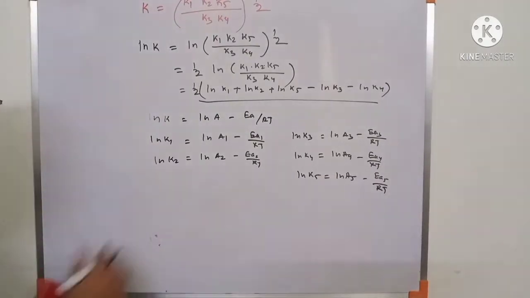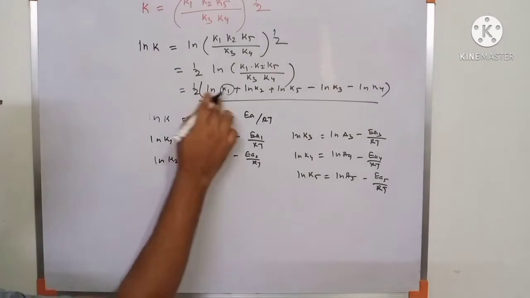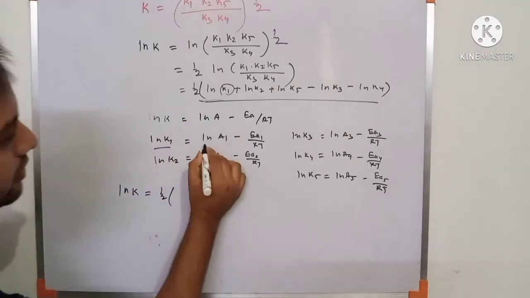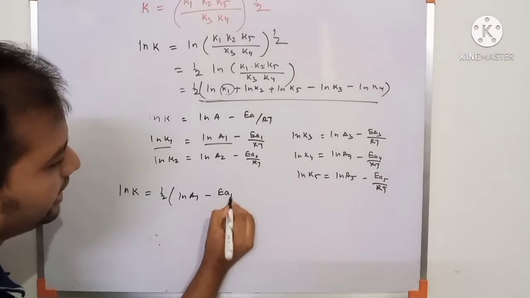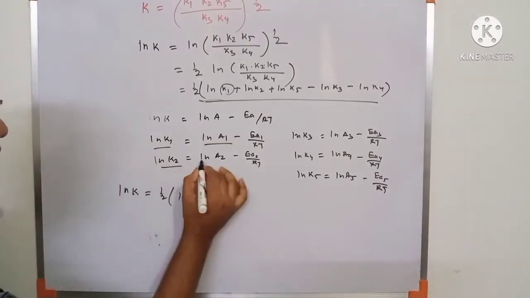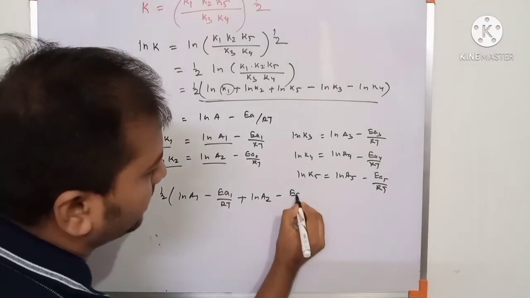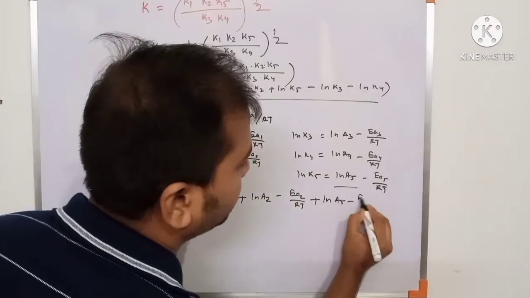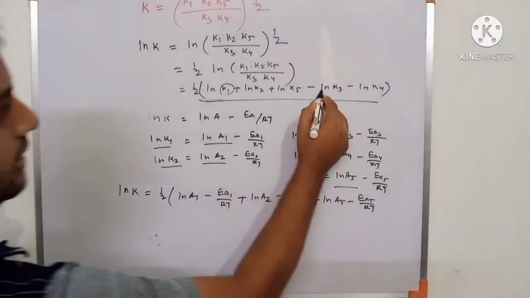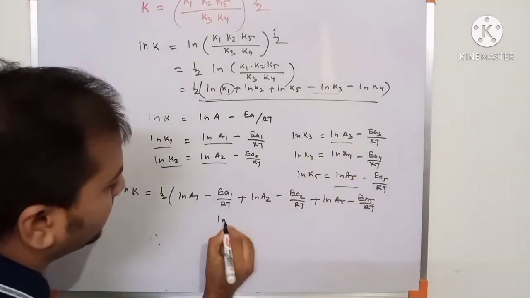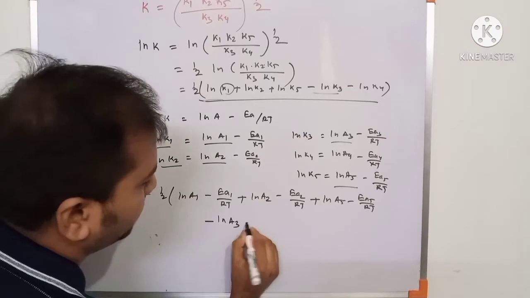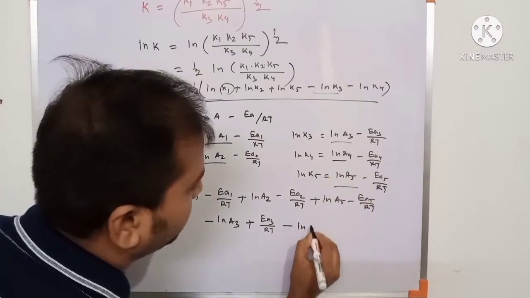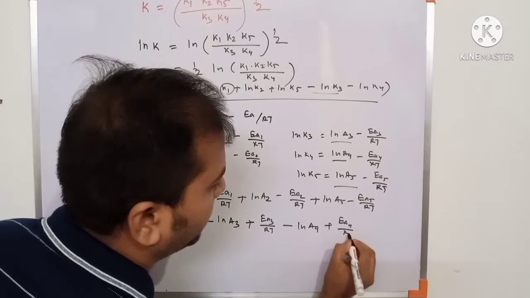Now put these values of ln K1, ln K2 and so on. So ln K equal to half into ln K1, which is ln A1 minus Ea1 by RT, plus ln K2, which is ln A2 minus Ea2 by RT, plus ln K5, which is ln A5 minus Ea5 by RT, and minus ln K3, which is ln A3 minus Ea3 by RT with sign replaced, so ln A3 plus Ea3 by RT, minus ln A4 plus Ea4 by RT.